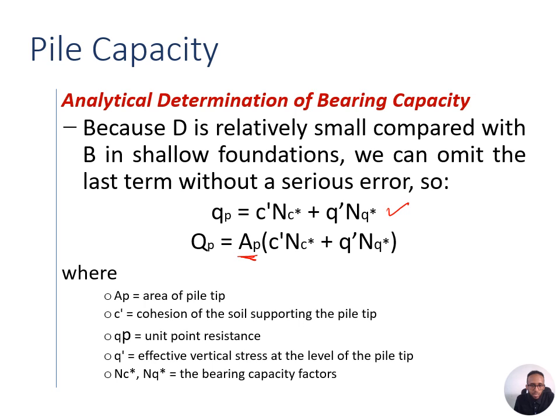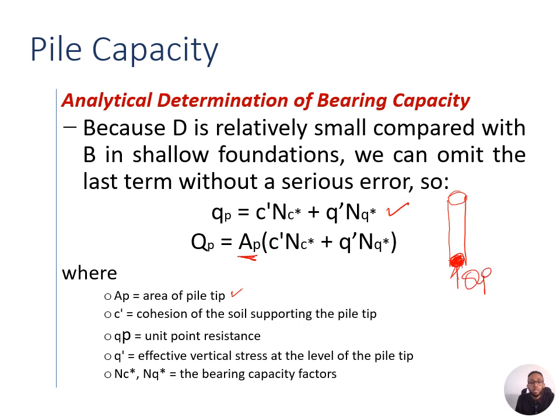As you can see, AP represents the area of the pile at the tip. Let's draw a 3D diagram. If it is a circular pile, what we are considering as the tip is this circular tip area, which is directly in contact with the soil at the bottom. This is what we call QP.